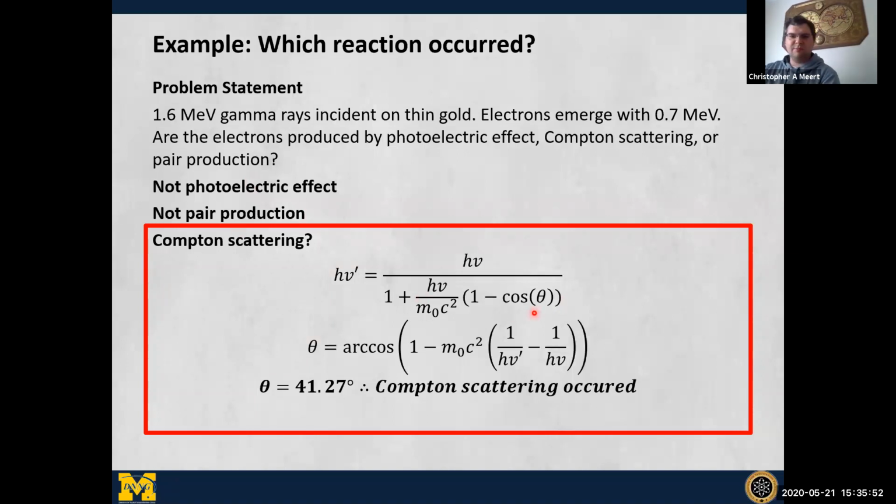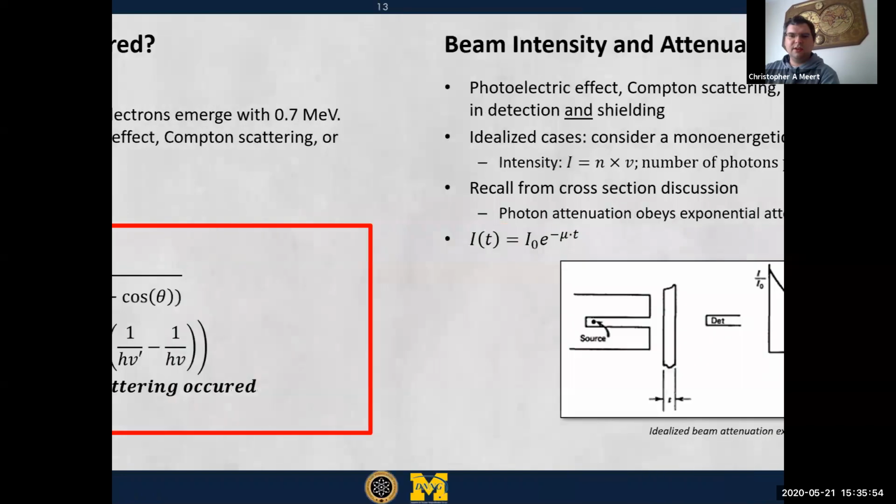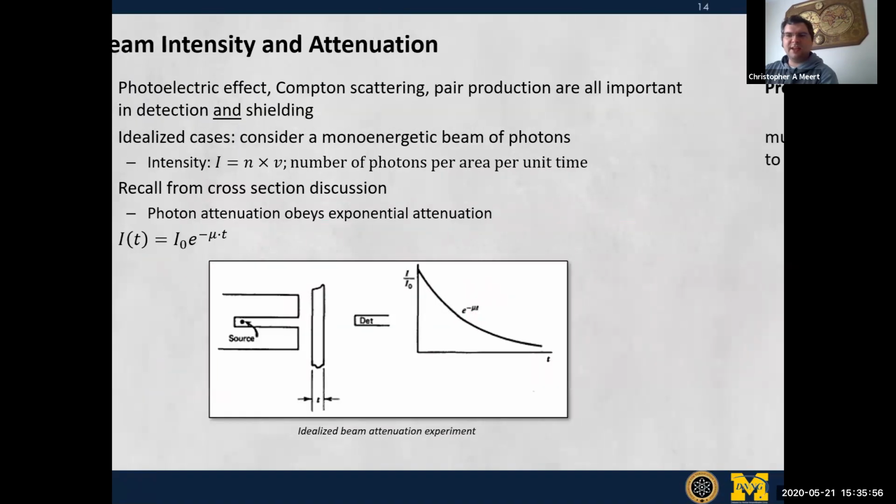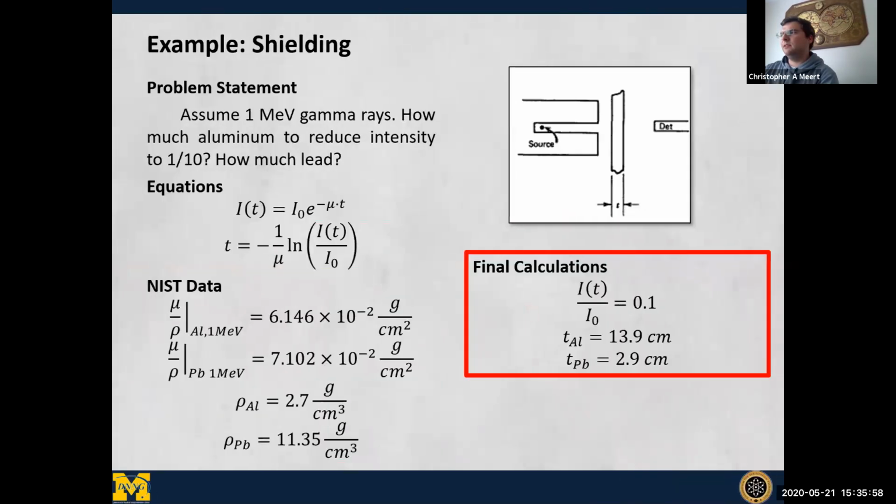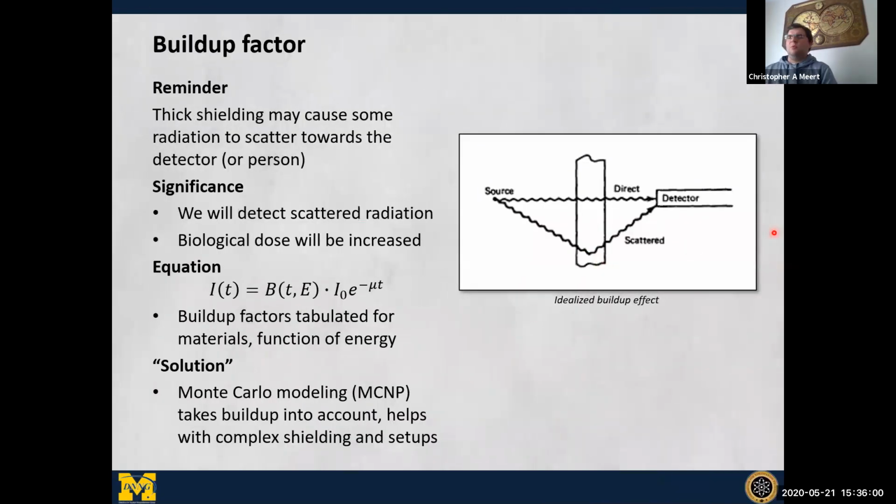There's a question about buildup. There's a longer path than directed. How does energy get through? So we're working with photons, and because they are neutral particles, they will deposit their energy in discrete interactions. So if the shield were not here, a source particle could just travel directly to the detector. In an idealized case, assume that all this space is just vacuum.